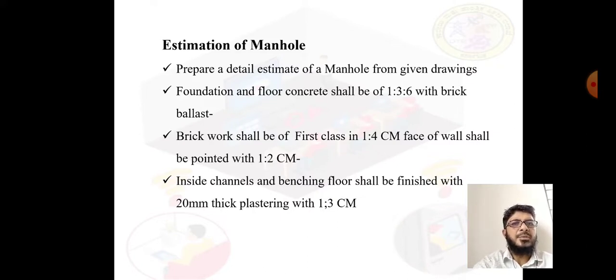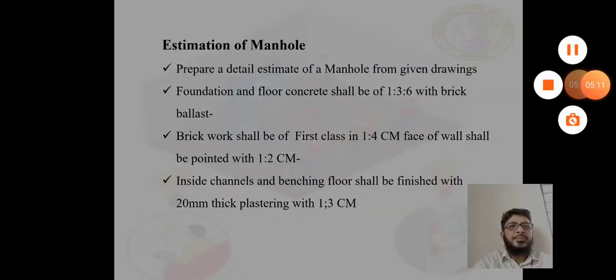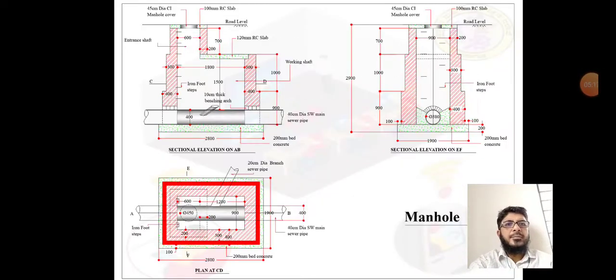So 1:3, 1:2, 1:4 means, as we already know, one part of cement and 2 parts of fine aggregate, or 3 parts of fine aggregate. Yes, we will see the sketch of the manhole. The manhole sketch has the top sectional elevation, then the bottom plan and its cross section.